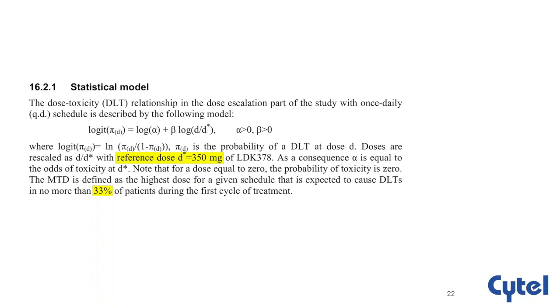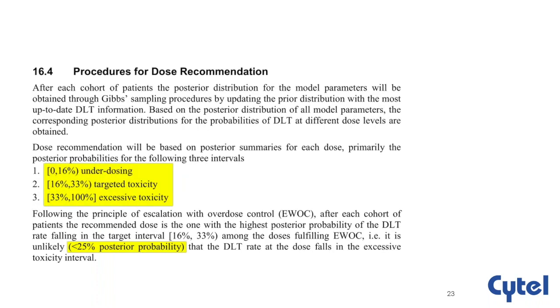The module that we're going to be utilizing is the one that I showed you exactly. Again, these screenshots are taken from the paper, and it is the logistic regression that I mentioned before, where we have a reference dose of 350 milligrams of the agent, and the target is about 33%. As we said, the target is actually going to be defined in terms of intervals of toxicity.